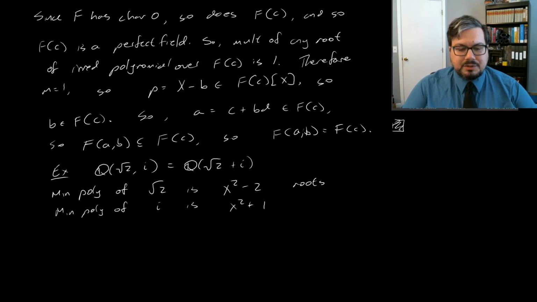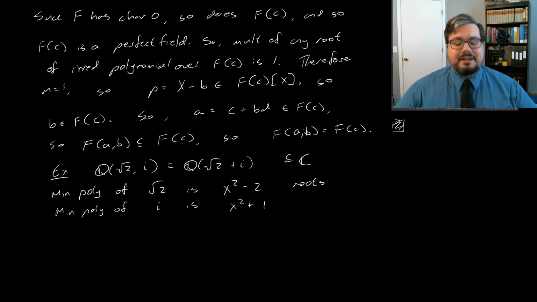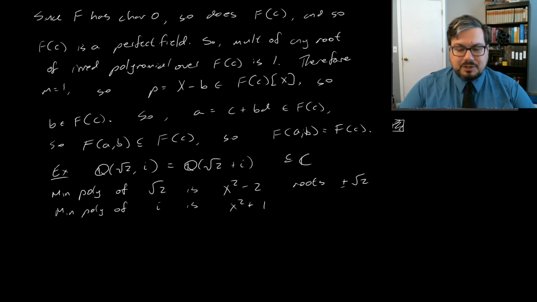Now, the roots of x² − 2 in C, which is the field that everything here is belonging to, are plus and minus √2. Let me actually write those out more carefully, and x² + 1 has roots i and −i.